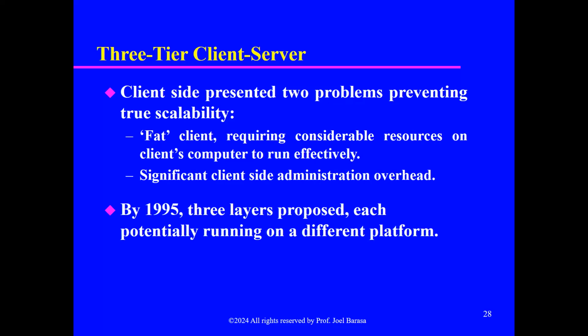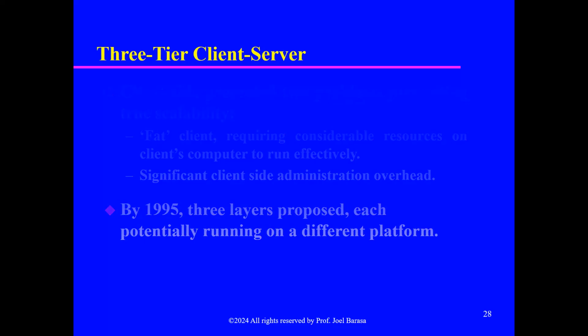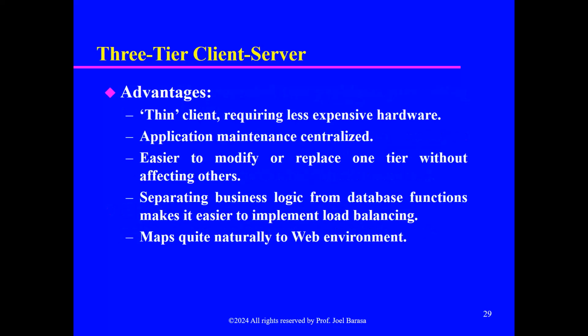So in 1995, that's when the three layers were proposed, each potentially running on different platforms. So the three-tier client server came to provide some advantages. One of them was to have a thin client, which requires less expensive hardware. The application maintenance was centralized to one point.